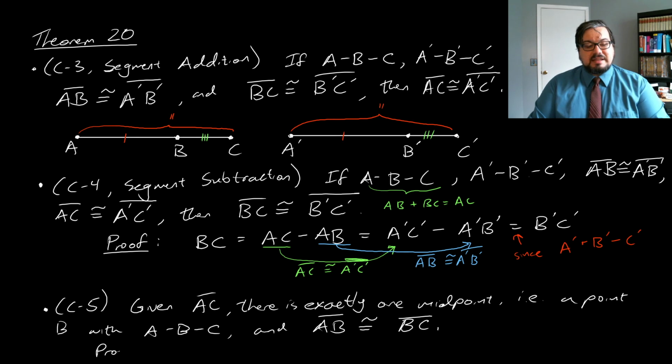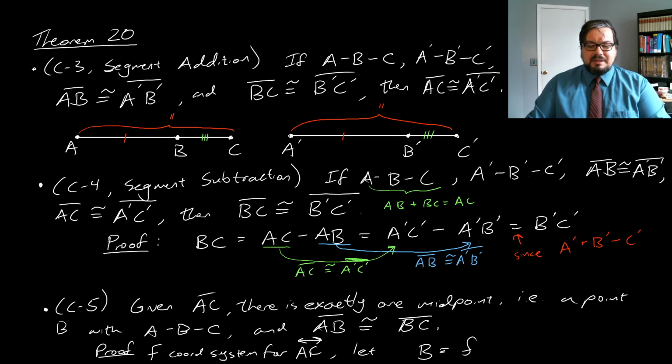And the proof of this is actually kind of similar to the segment construction theorem before, where we're going to use a coordinate system. So if f is a coordinate system for the line AB, I'm sorry, line AC, what we can do is let B be the inverse of, well, the average actually, of the coordinates of the two endpoints.